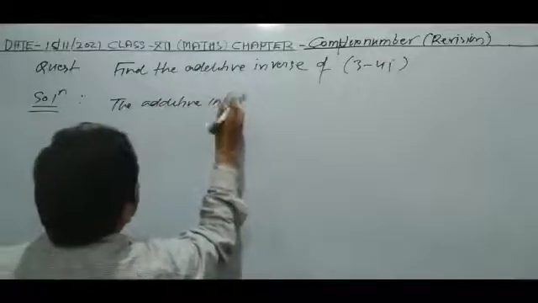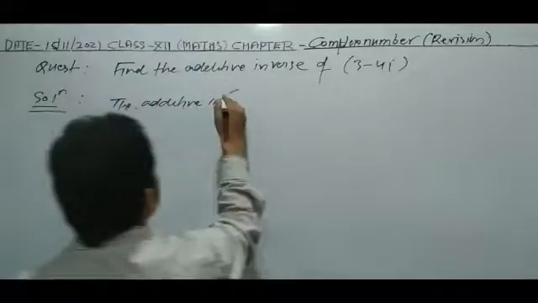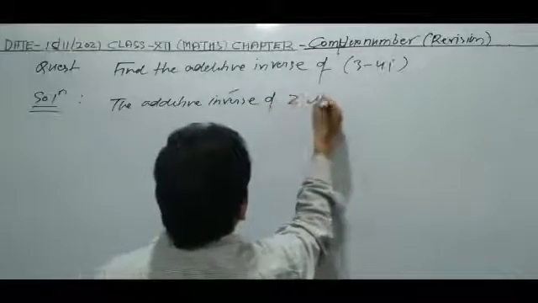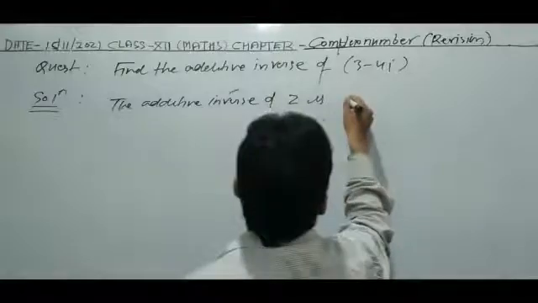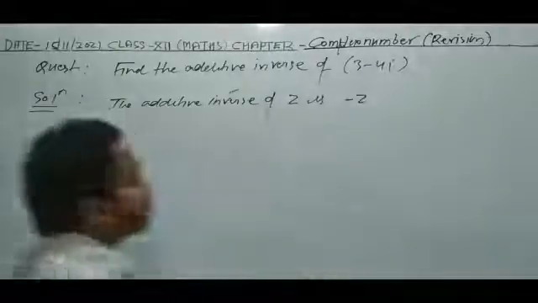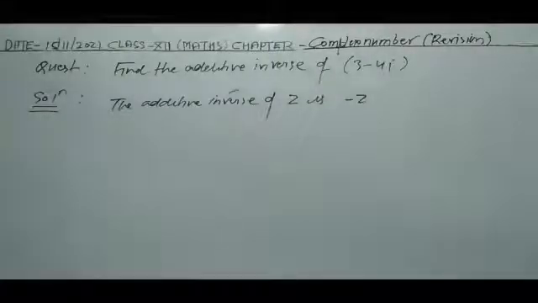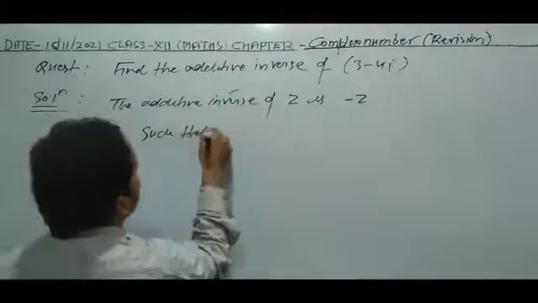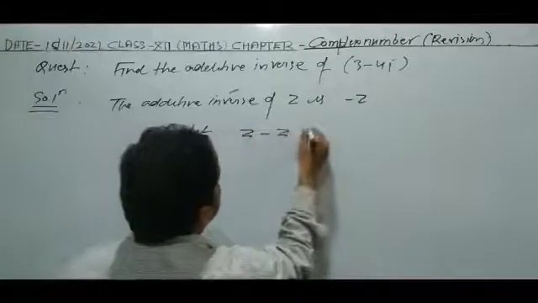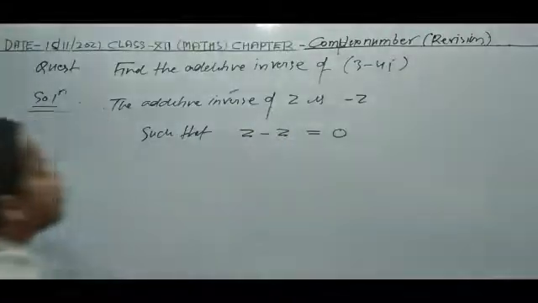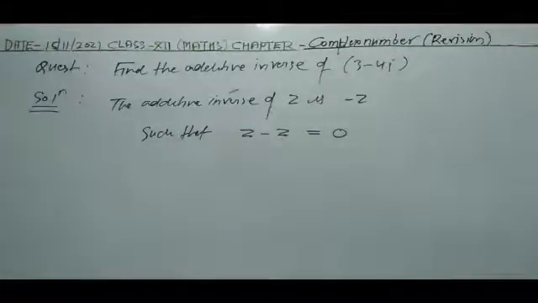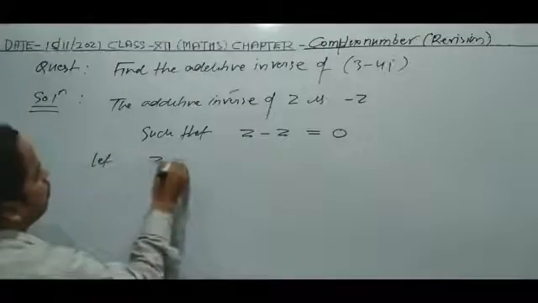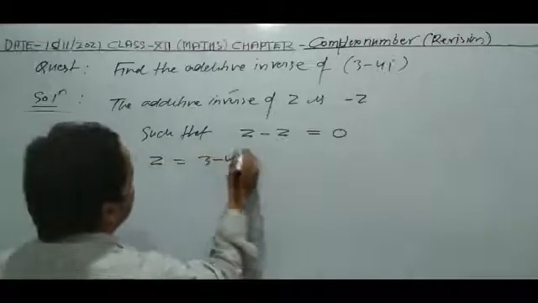The additive inverse of z is minus z, such that z minus z is equal to 0. So let z is equal to 3 minus 4i.